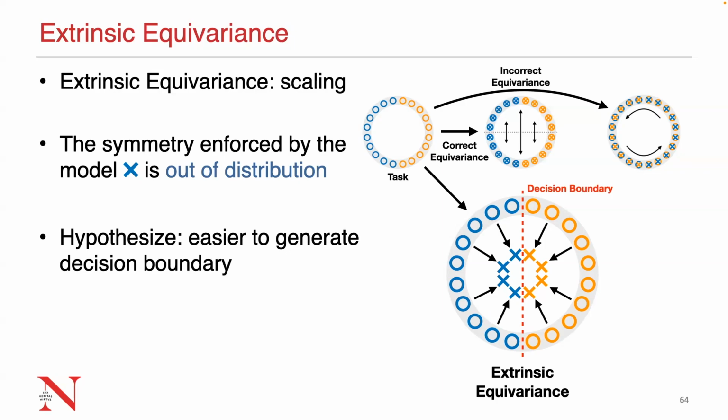Would this be, for example, if I used a rotationally equivariant network on MNIST? Yes, I think so. It's going to be some combination of correct and incorrect. When we think about MNIST, take the digit two. The two is going to be extrinsic, because no matter how you rotate the two, there's no digit that looks like two.